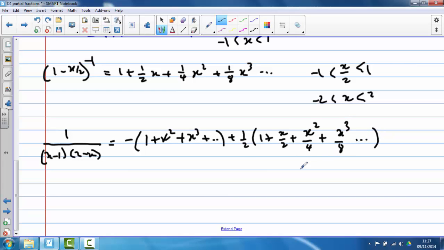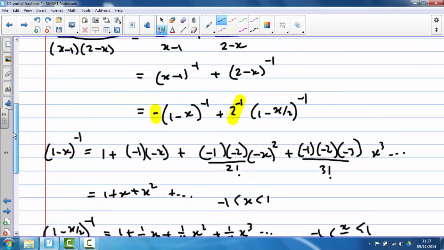Okay, and we'll expand it out and add them together, and this gives us minus a half, take away 3 over 4 x, minus 7 over 8 x squared, minus 15 over 16 x cubed. Now, what is the expansion valid for? Which values of x?